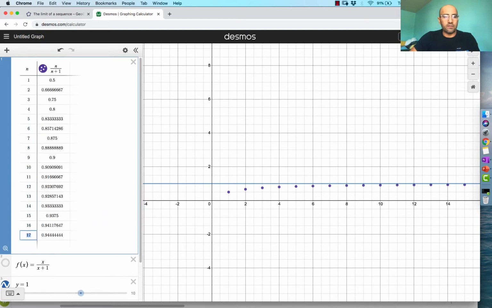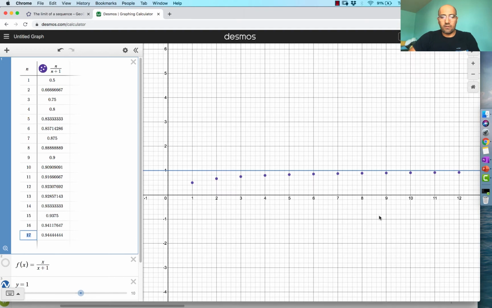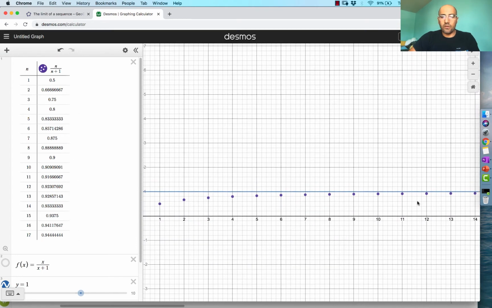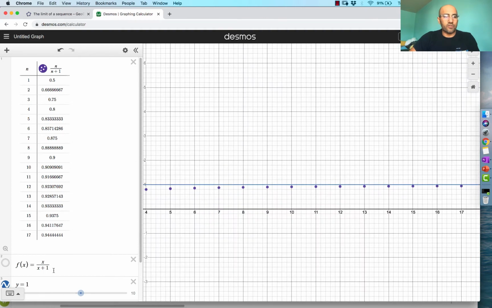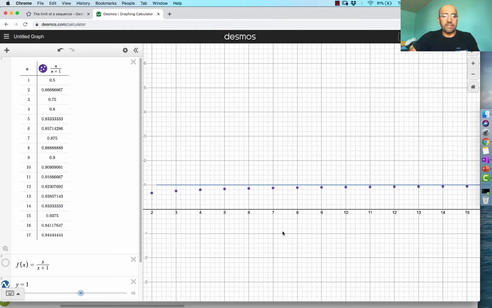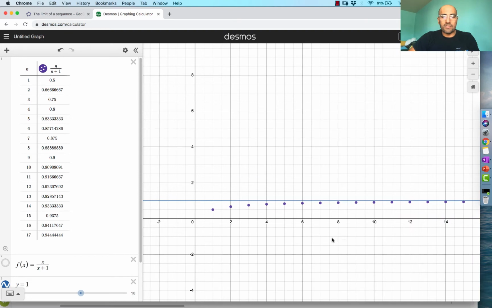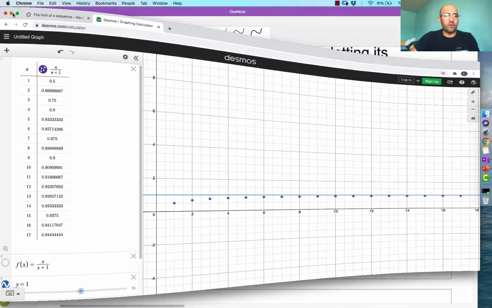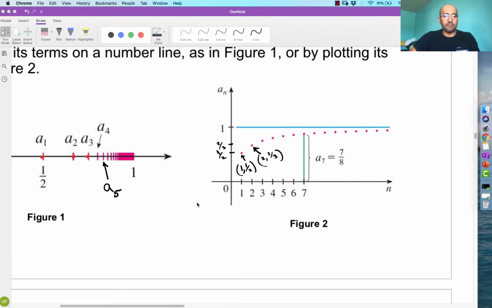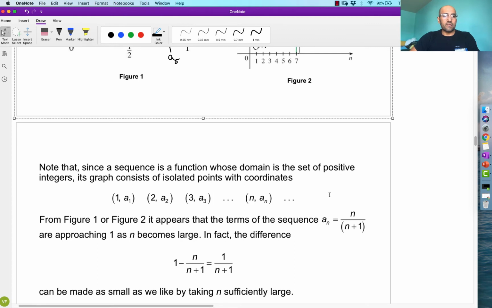So you can see that you're getting closer and closer to the blue line, right? This is with just n going from 1 through 17. But really we want to think about what happens as it goes out to infinity. Right? So we can easily see from here that it's approaching 1.